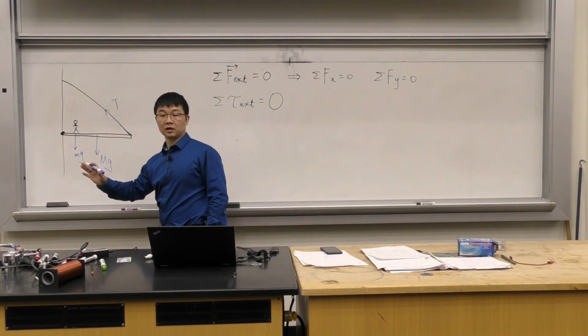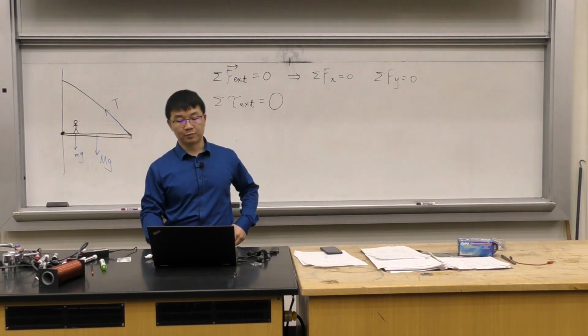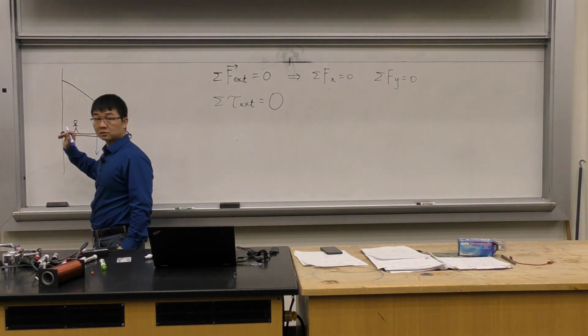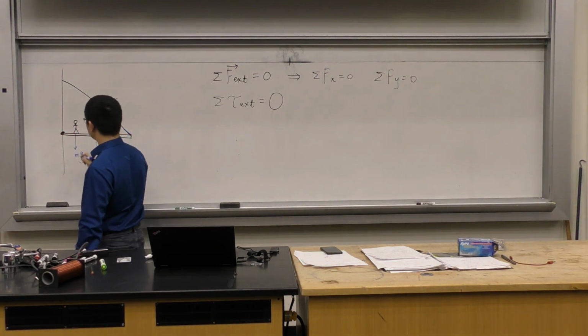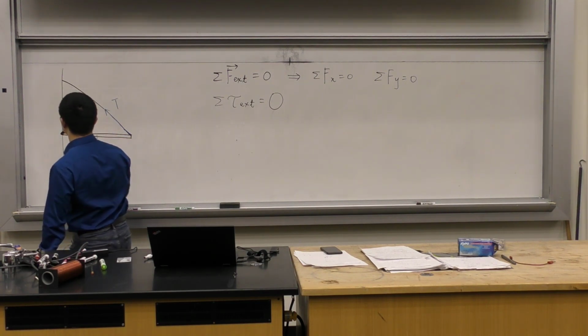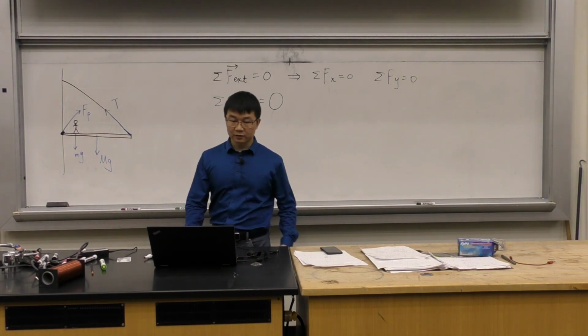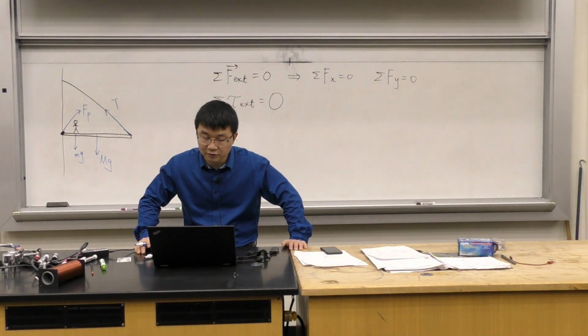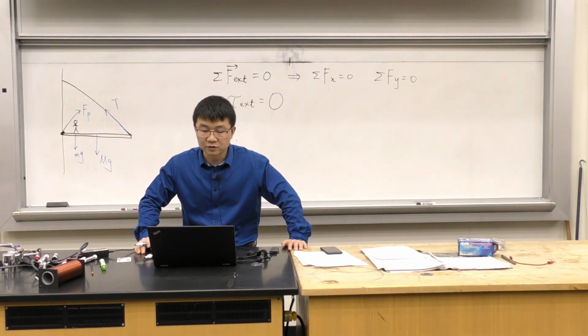It's not. A pivot can apply a force on this object in any direction. So the force of the pivot is going to be pointing in some direction, you don't know. That's why the problem says, find the tension in the cable, find the magnitude and the direction of the force exerted by the wall, which is just a pivot, on the beam.